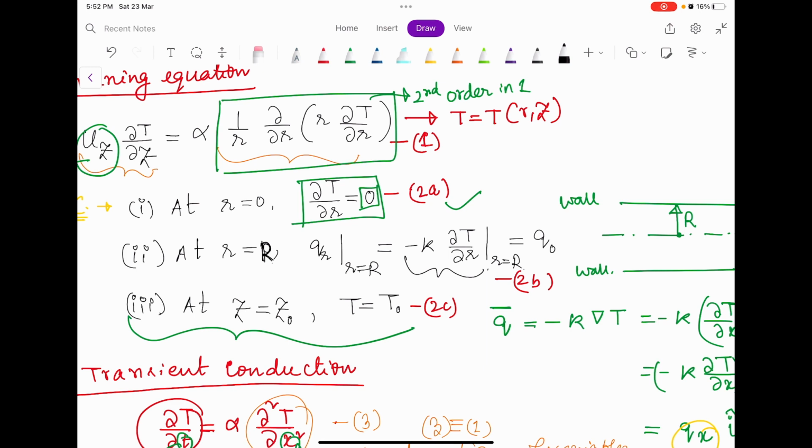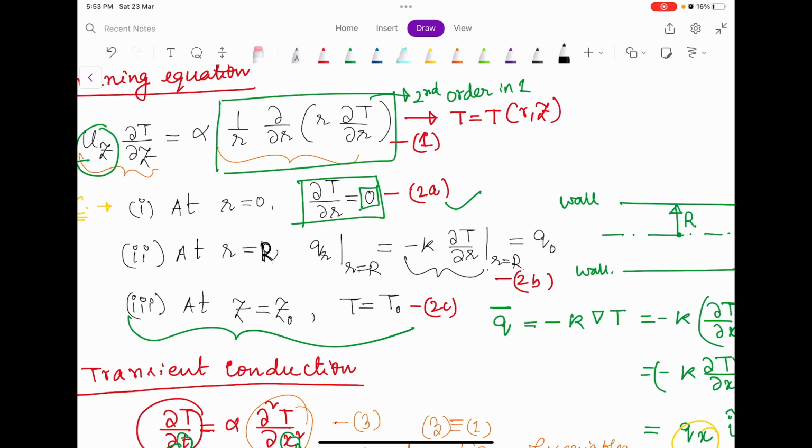So if you can break the actual problem like this, then you can solve the two separate problems. Maybe you have broken the problem in such a manner that for problem 1 you have the differential equation and the boundary conditions in such a form that you are able to solve that by the separation of variable method, and in problem 2 you have a maybe very simple differential equation that you can solve easily.